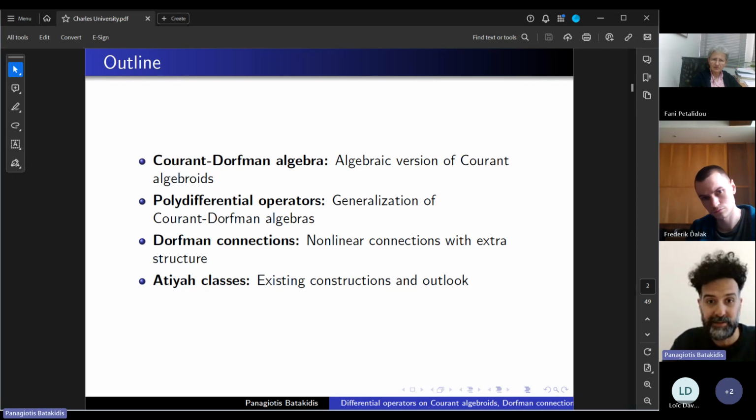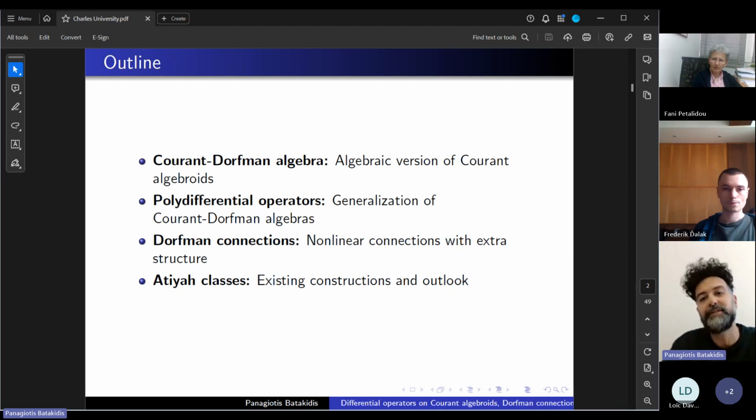the motivation of what I discussed above, because when we started doing all these things, at first we wanted to define an Atiyah class for Manin pairs. A Manin pair is a pair of a Courant algebroid and a Dirac structure. And I will start saying a few things about the Atiyah classes at that part of the talk, and then explain why it's hard to define it for Manin pairs.